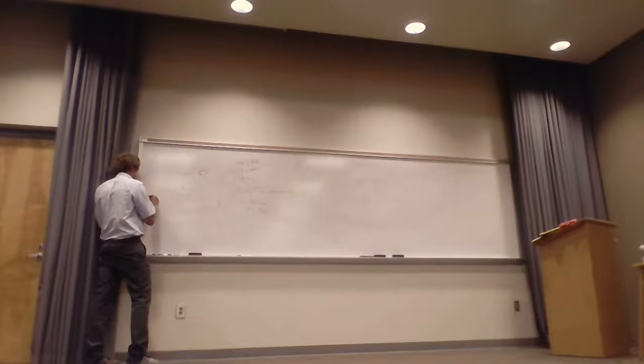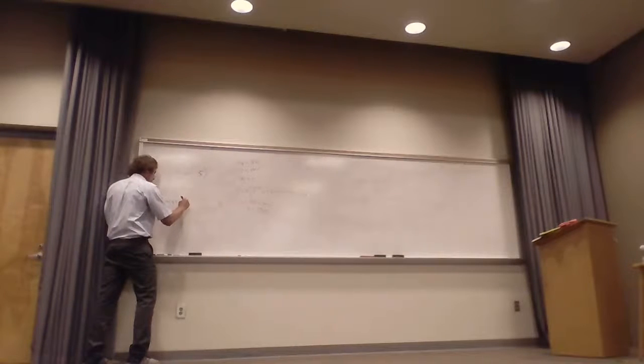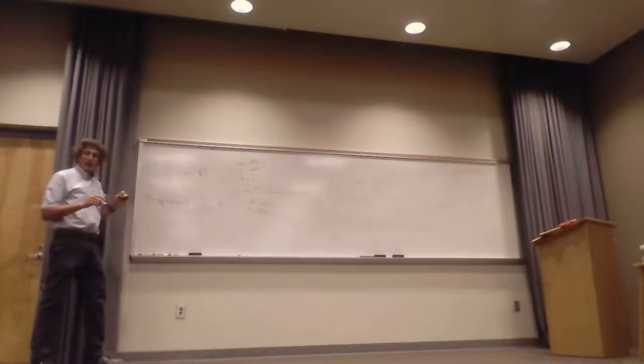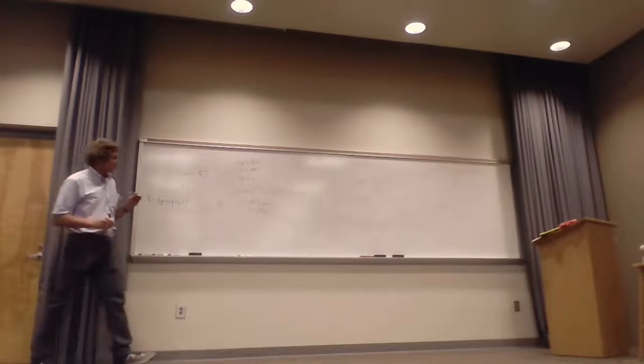We know the propagation constant is the square root of j omega mu times sigma plus j omega epsilon, generally, right? Here's where we check to see if this is a good conductor.